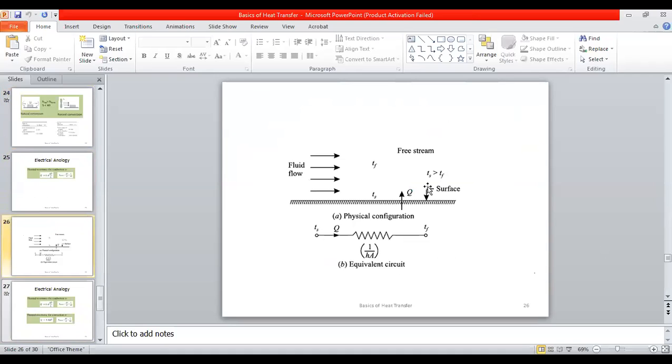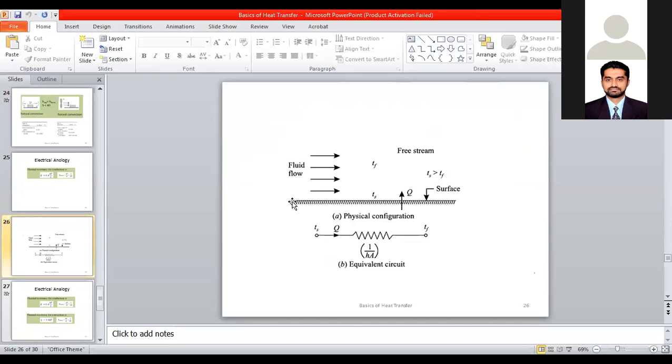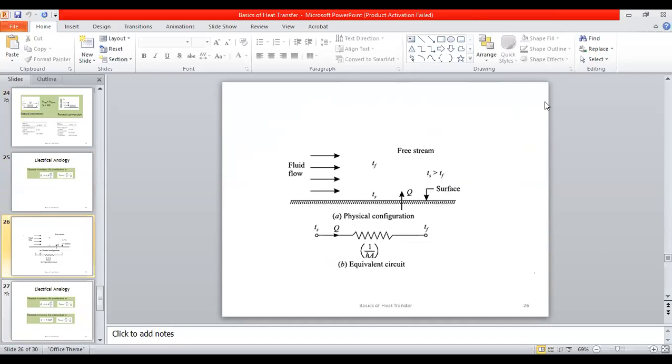See, this is a heat transfer. If this is the surface and heat is being transferred from this surface, and the temperature of this surface is Ts, and normally in convection the air or liquid temperature, both being fluid, the fluid temperature is denoted as Tf.